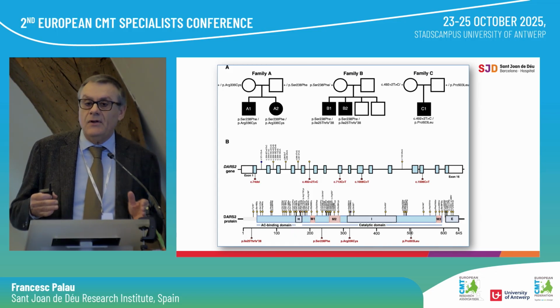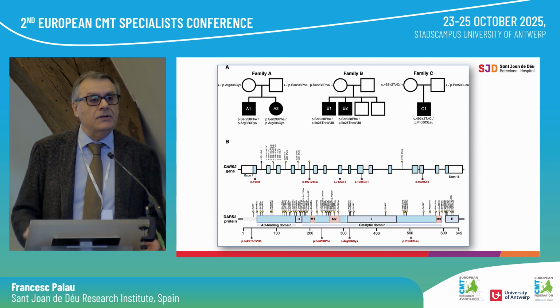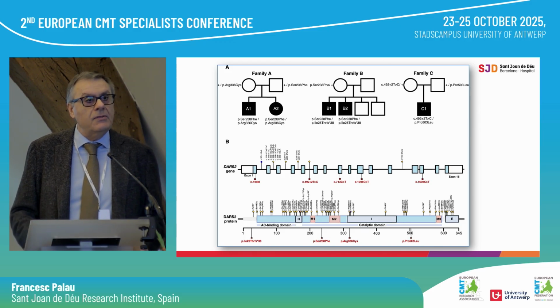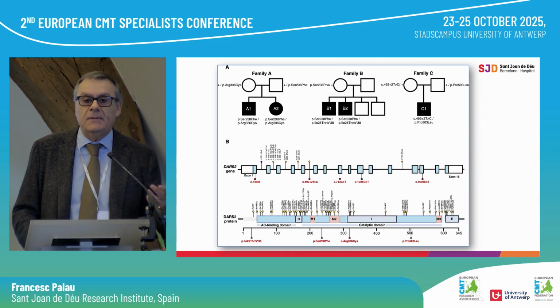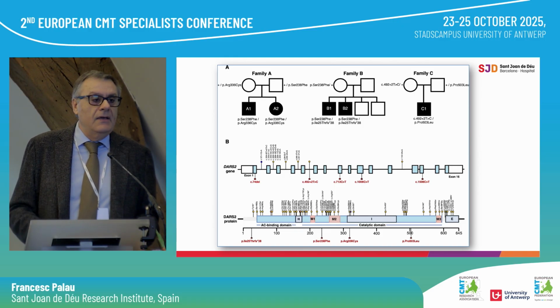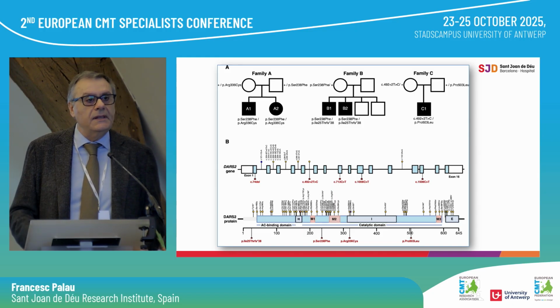Some of the patients develop axonal neuropathy later on, but it's not the first clinical expression. In our case, the first expression and the only expression has been the axonal neuropathy, except in the patient from Estonia, C1, who also has intellectual disability, but in a completely different phenotype from the leukoencephalopathy, because it's not involving the white matter.